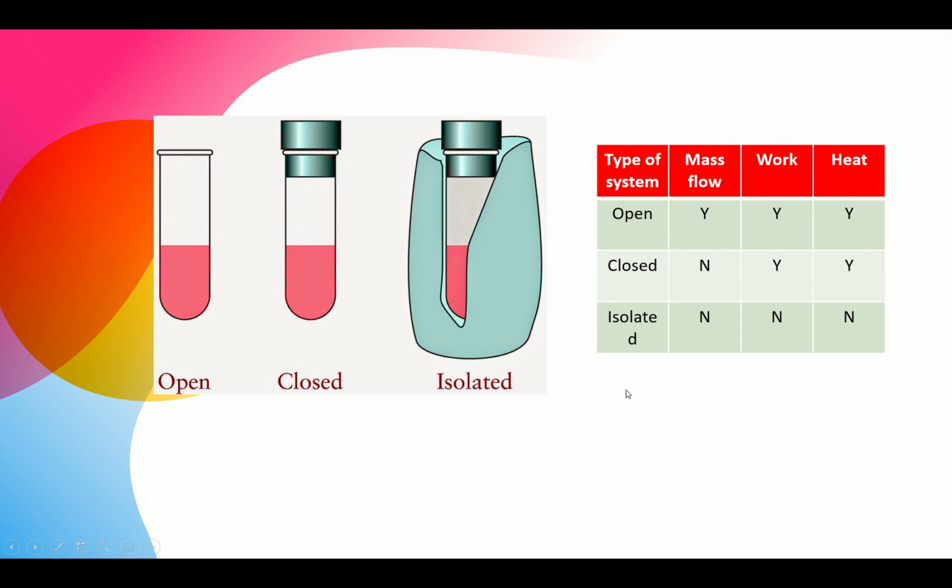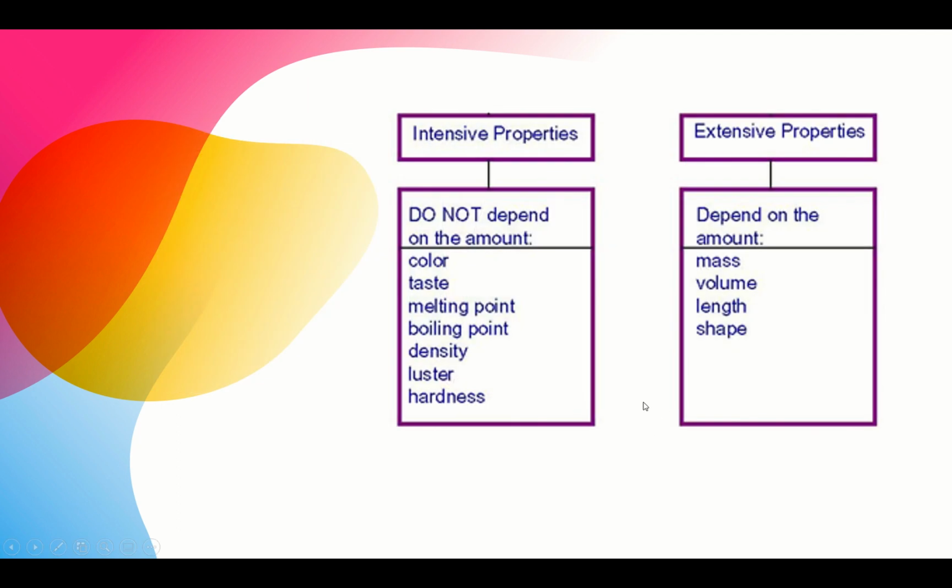And each of these comes with a definition on whether the mass, work, and heat actually interchange between the surrounding and the system. And we need to describe what is the system, the entities that define the system.